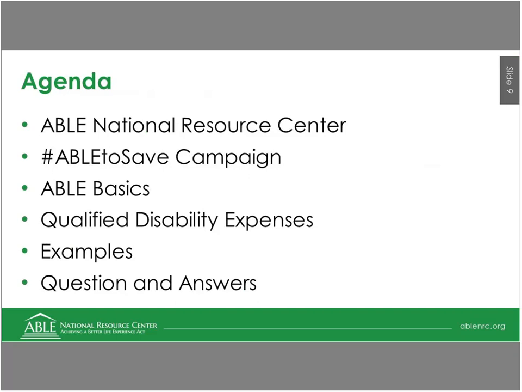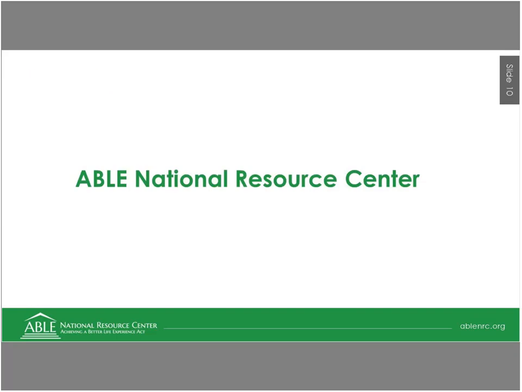And then we're going to launch into the main event, which is helping folks better understand what exactly are qualified disability expenses. After we do that, we're going to give some examples, and then hopefully at the end, we're going to have plenty of time for questions and answers.